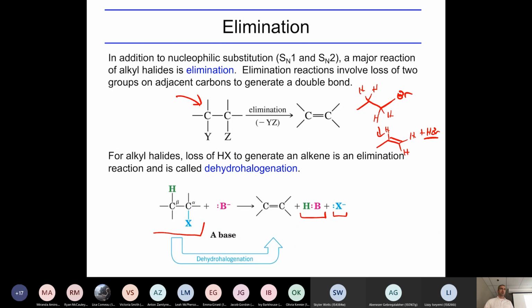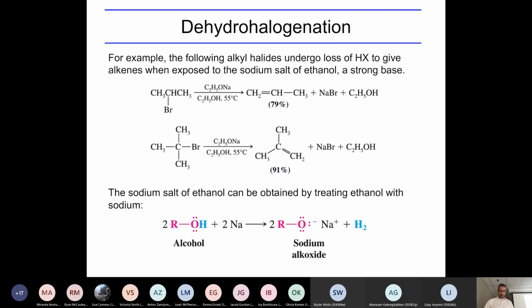Now, when you see reactions drawn like this, with all symbols and B's and R's and general X minus, it may be hard to sink your teeth into, but we will look at real molecules doing real things. So here's one. Here's an alkyl halide, 2-bromopropane. What kind of an alkyl halide is that?